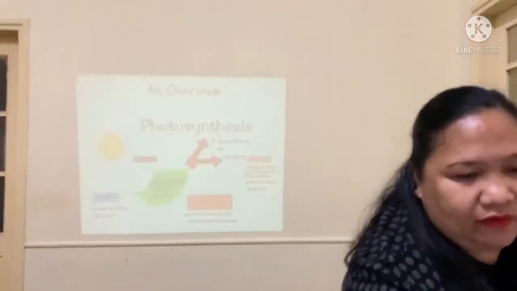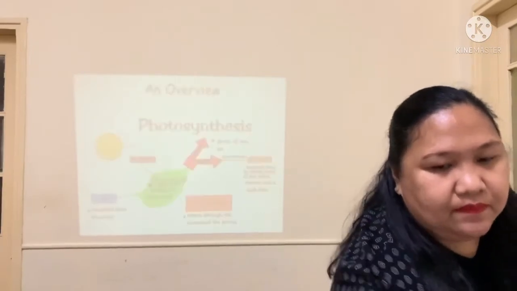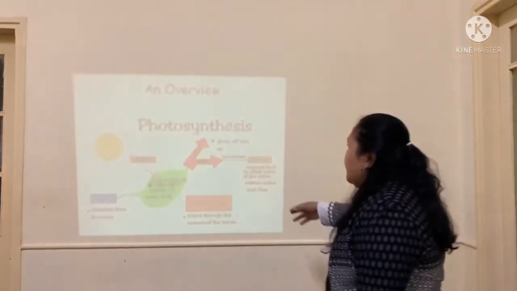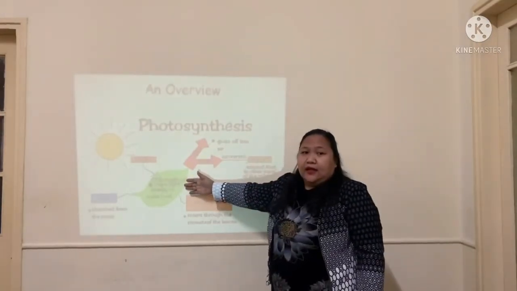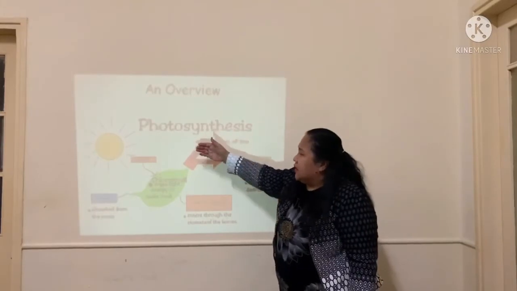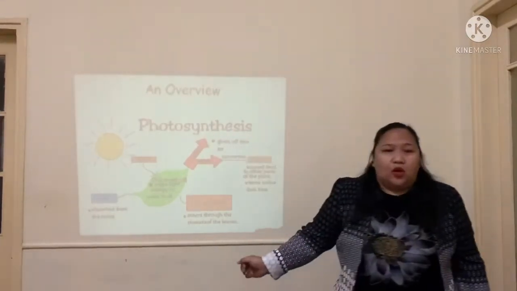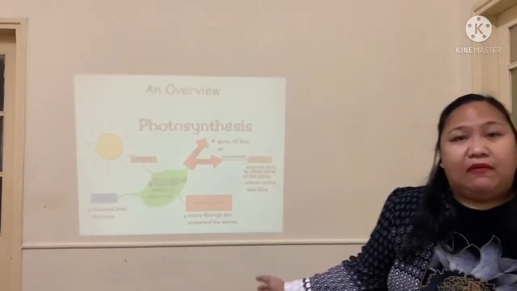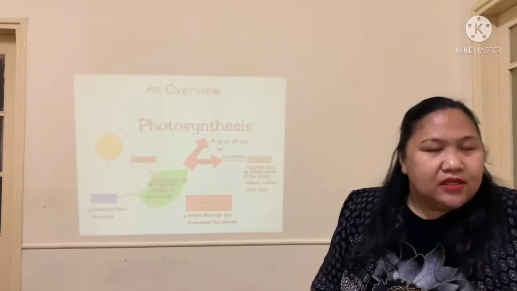So, let's see the overview of photosynthesis. Again, this is the leaf. We have the light coming from the sun. Then we have carbon dioxide. Where does this carbon dioxide enter? Yes?